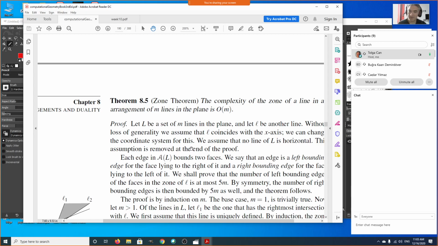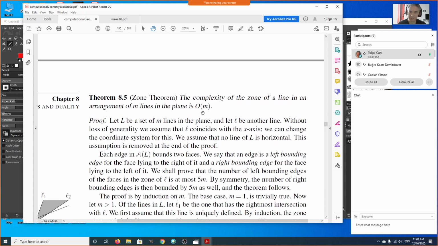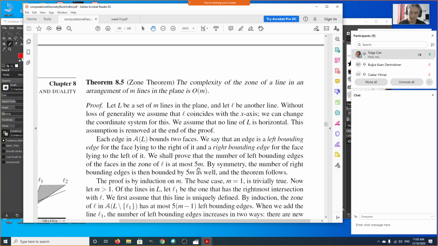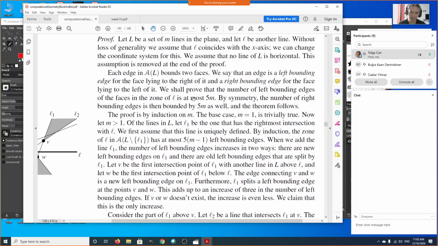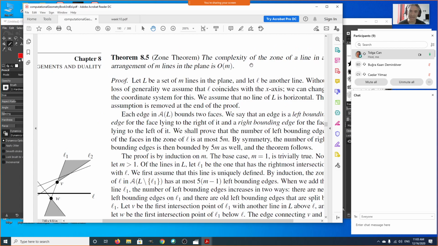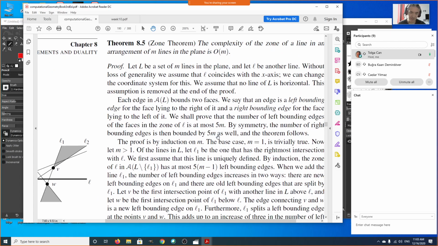And I think what it turns out is that it's linear, but it says probably at the end that it's bounded by 10m. So this says 5m here for the faces that are above, but for the faces that are below, it's also another 5m. So if you have a lot of faces, this 10m is the same as n log n, but it's linear, so it's constant.